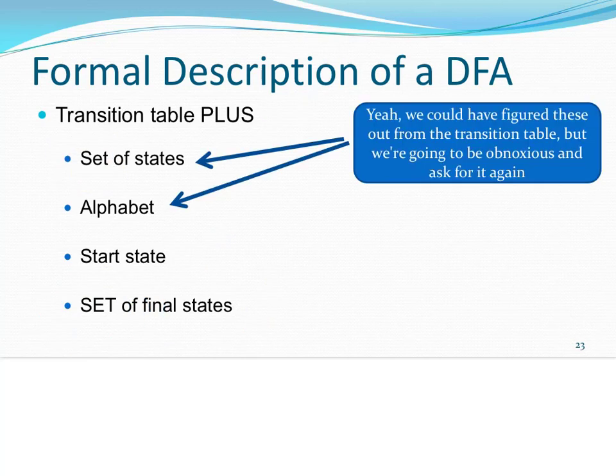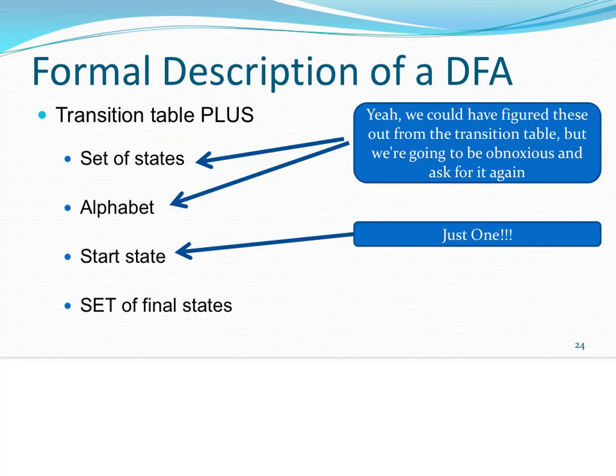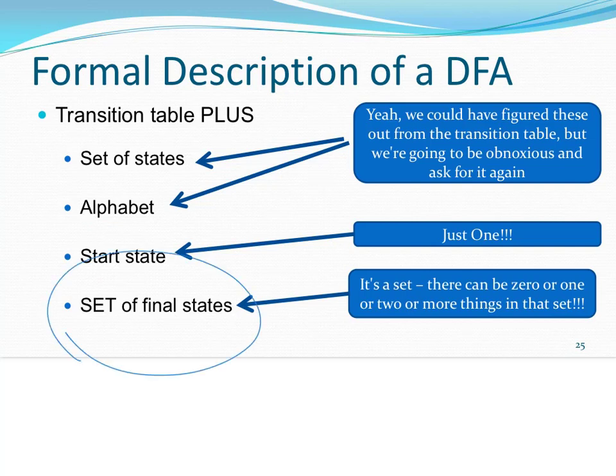Just to be clear, yes, we could have figured these two out, but we're going to ask for them again. And just to remind you, exactly one start state. And like I said, the final states could be 0 or 1 or 2 or 50, with the maximum being however many different states we have.